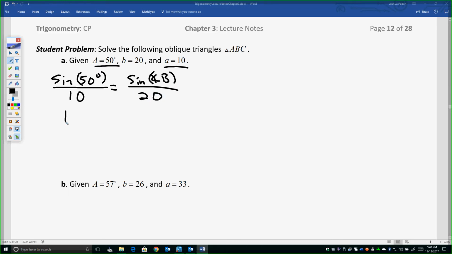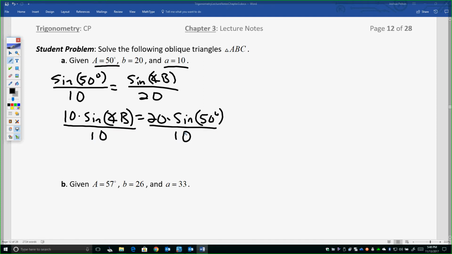So if I cross multiply, 10 times sine of angle B equals 20 times sine of 50 degrees. And divide by 10. So I get sine of angle B equals 2 times sine of 50.